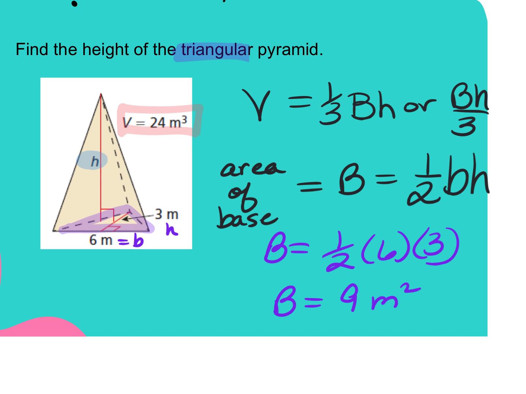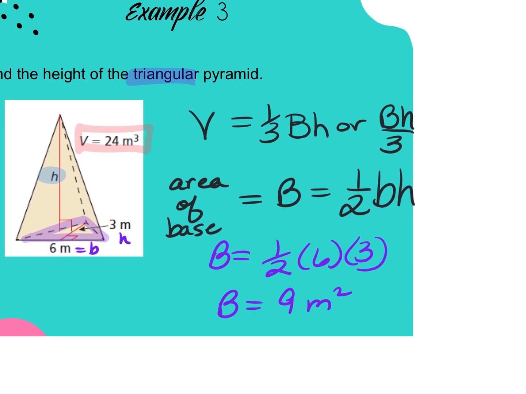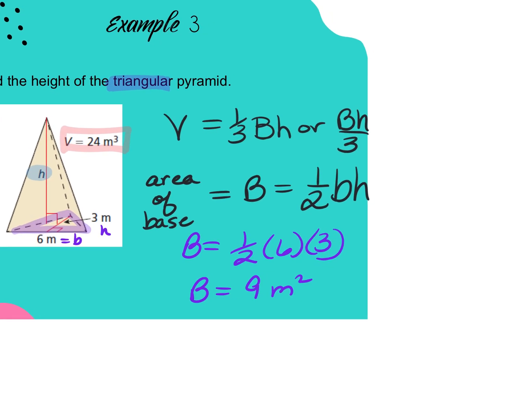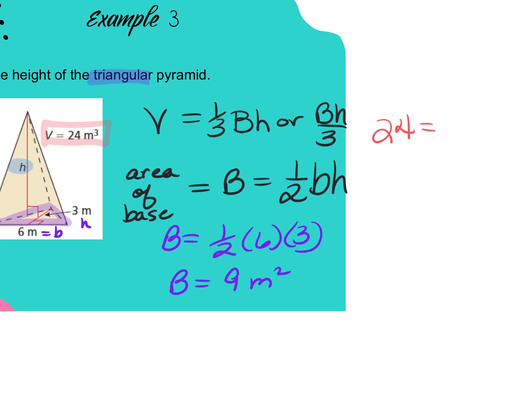Now I can go ahead and plug it in and also replace the capital V with the volume that they gave me. So I'm going to go ahead and do 24 is equal to, and we could do it with the 1/3 method, do 1/3 of 9 times the height.